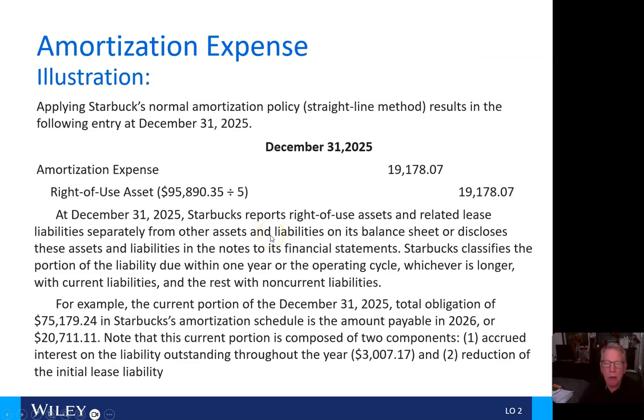from other assets and liabilities on its balance sheet, or discloses its assets and liabilities in the notes to its financial statements. Starbucks classifies the portion of the liability due within 1 year or the operating cycle, whichever is longer, with current liabilities, and the rest with non-current liabilities.